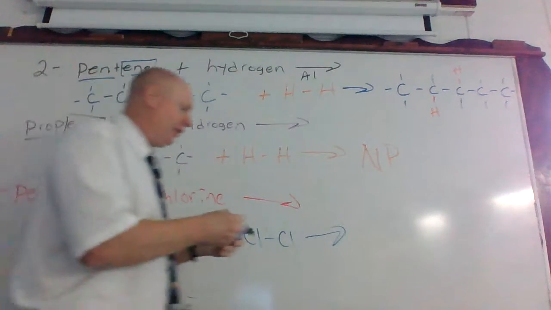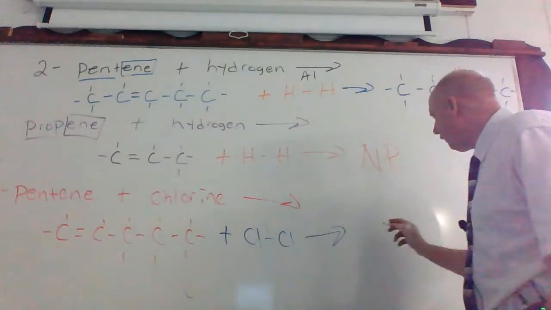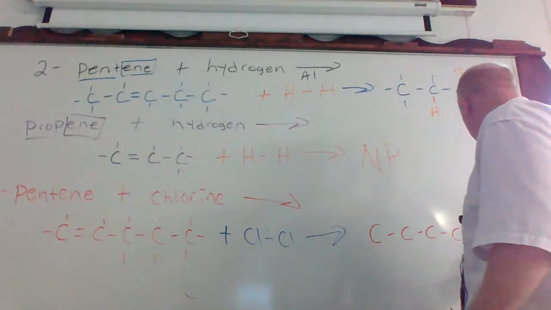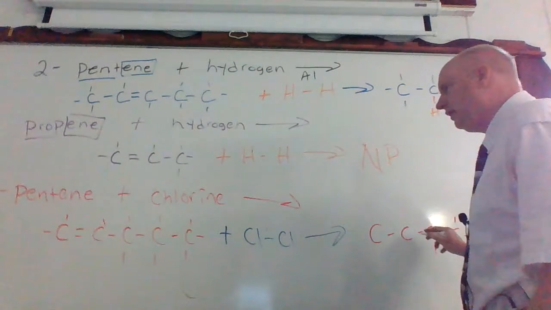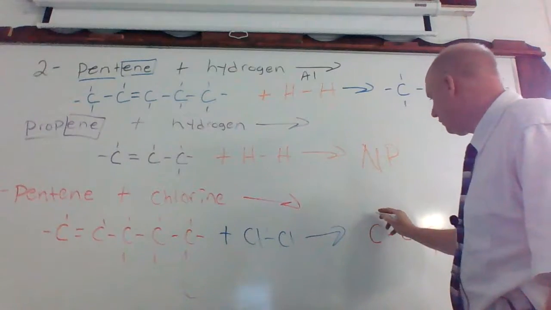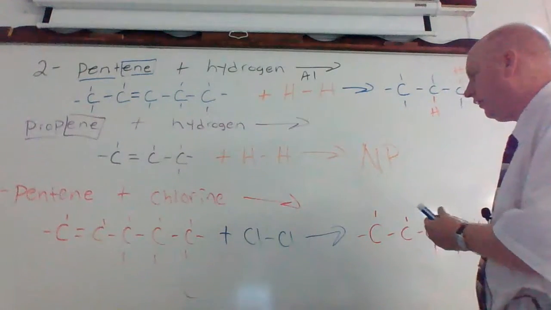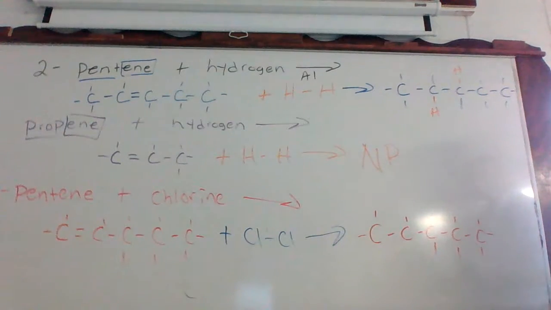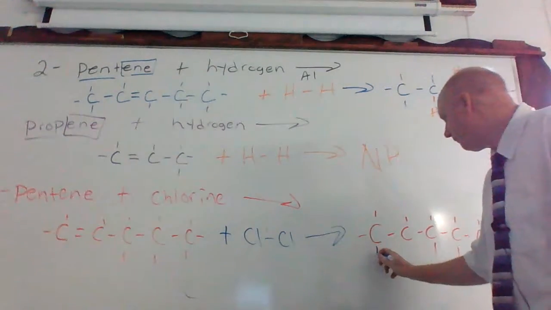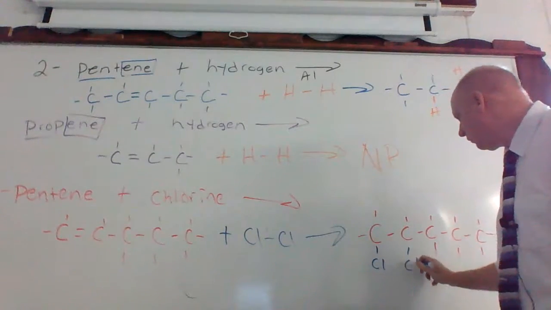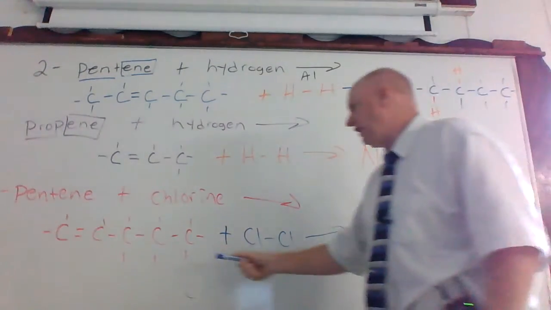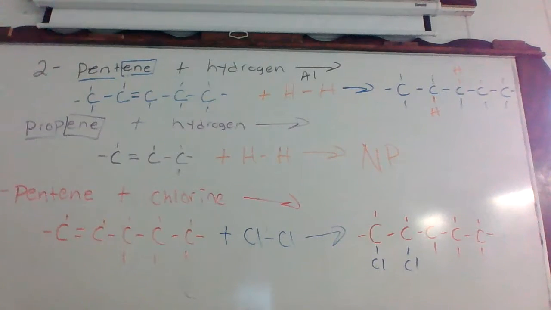So we do the same thing. We're going to draw out all 5 carbons. You can safely put all of these in here. And then what would go on our first and second carbons then? 2 chlorines. So we started with pentene, we reacted that with a halogen.